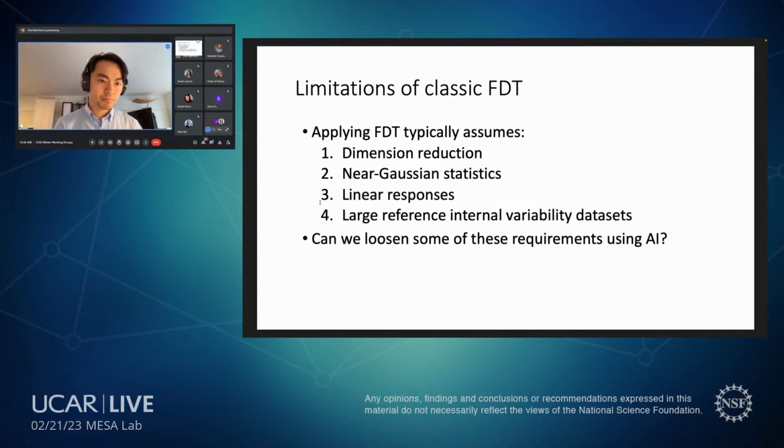And finally, because we need to calculate the covariance at pretty long time lags, we also need a large reference data set of internal variability in order to get a good estimate of that covariance matrix. And so what we wanted to do is see if we could loosen some of these requirements by replacing the classic linear response function with an AI response operator, and in particular, hoping to reduce the amount of dimension reduction we need to do and loosen the assumptions on the Gaussian statistics. So next slide, please.